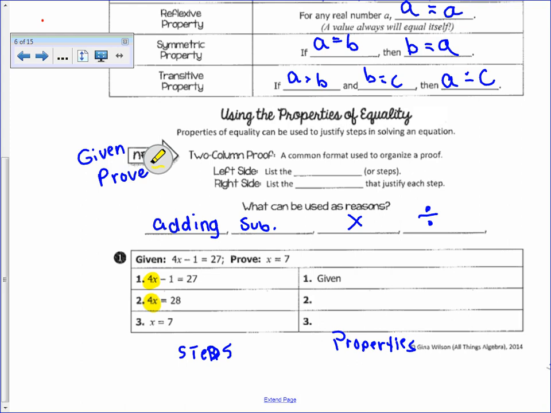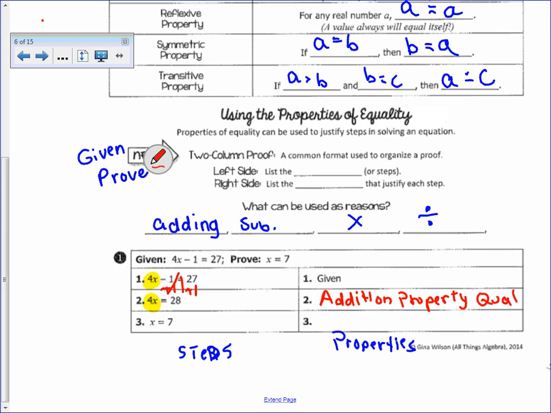Did they add, subtract, multiply, or divide something? That's how you ask yourself what the property is. Here, they added 1 to both sides of that equal sign. They ended up with 4x equals 28. So this is the addition property of equality. Easy stuff.